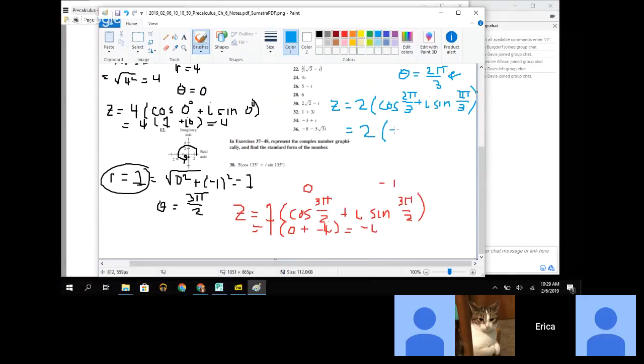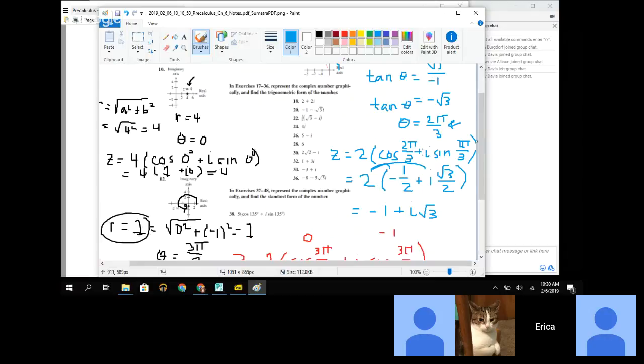The cosine of 2 pi over 3 is negative 1/2, and the sine of 2 pi over 3 is square root of 3 over 2. If I distribute my 2, I end up with negative 1 plus i times the square root of 3. So I'm back to my original complex number up here. So this is what your answer would be. This is the trig form of your complex number.